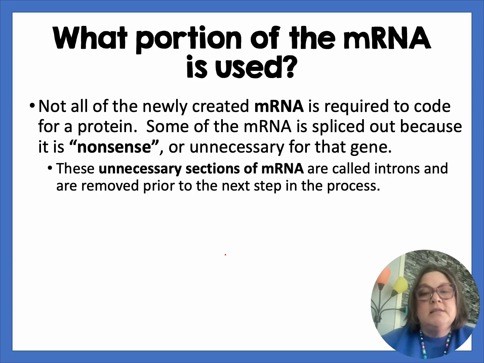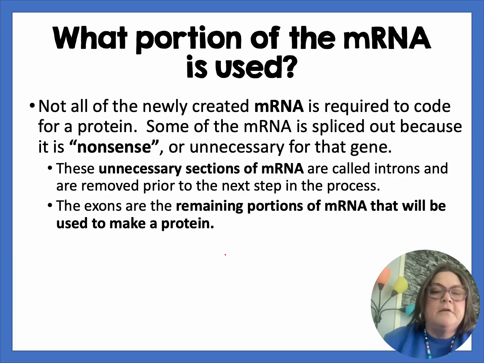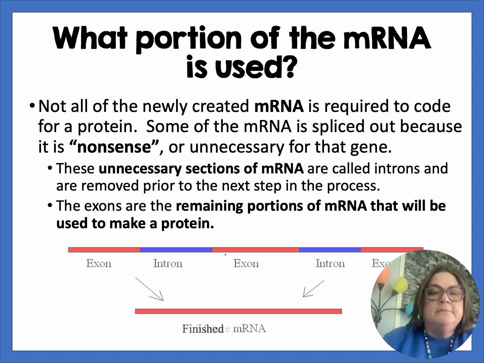So these unnecessary sections of messenger RNA, which are nonsense, are called introns, and they are removed prior to the next step in the process, so before you start putting it together. The exons are the remaining portions of the mRNA, which will be used to make the protein.